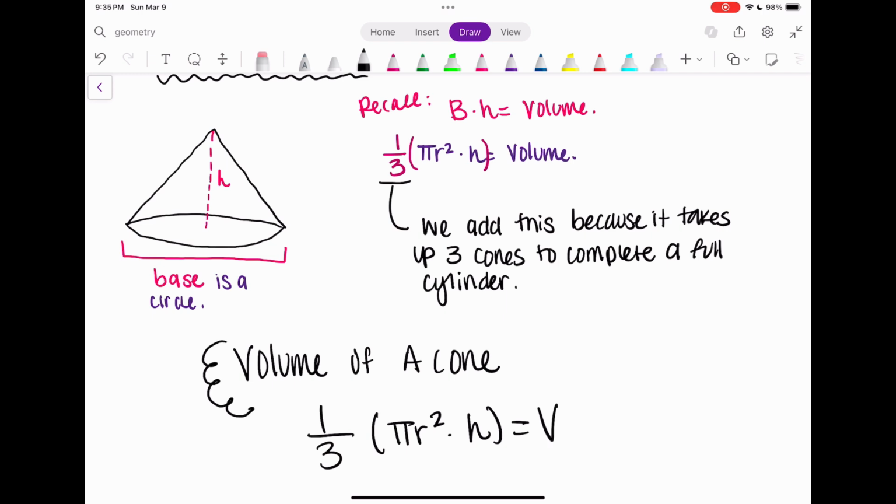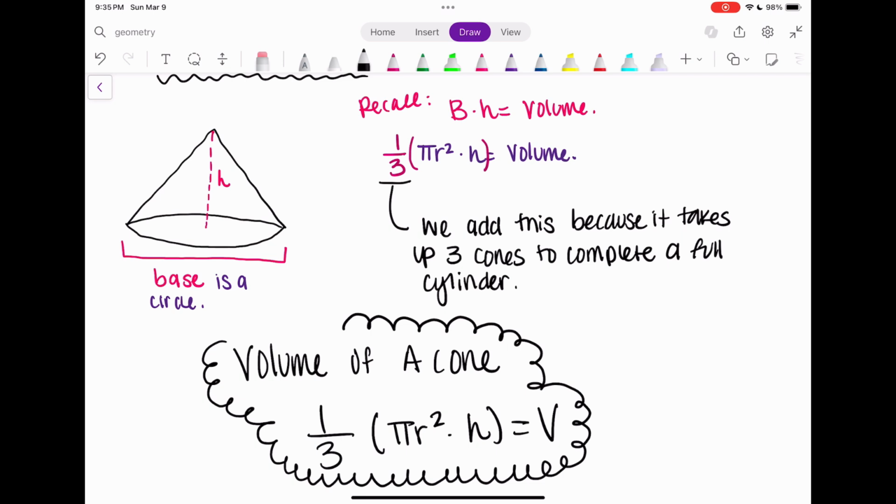So in your notebooks, please bubble this in, put it in a box or circle it, highlight it. You guys have your highlighters there with you at your tables. Please take the time to write this down because it is on your test.